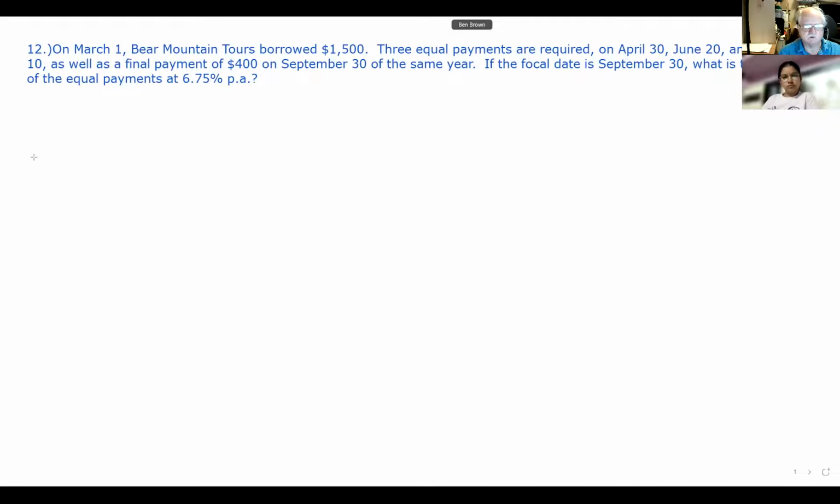So let's start by drawing a number line to try and visualize what we're being asked here. March 1st, and we don't go back any further than that. So that can be here.